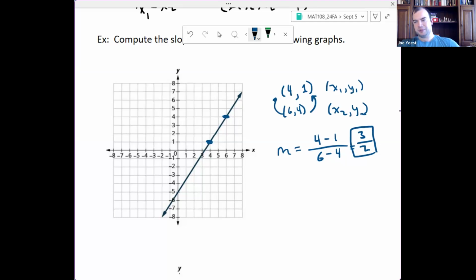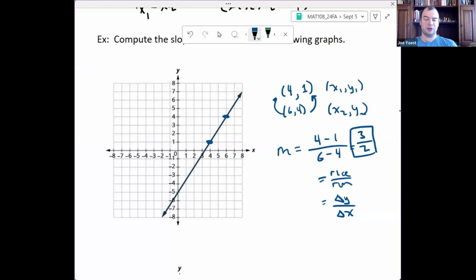We know this slope represents rise over run, or sometimes we write it as change in y over change in x. What does this 3/2 represent? It says for every 1 unit we go to the right in x, we go up 3/2 units in y.